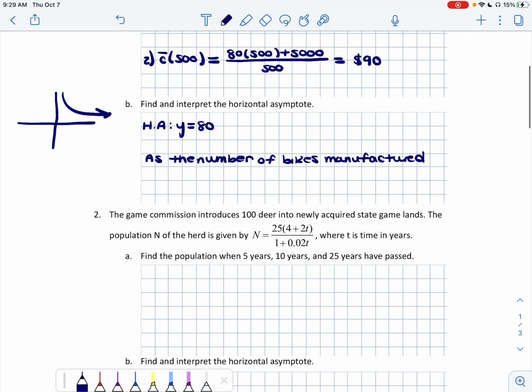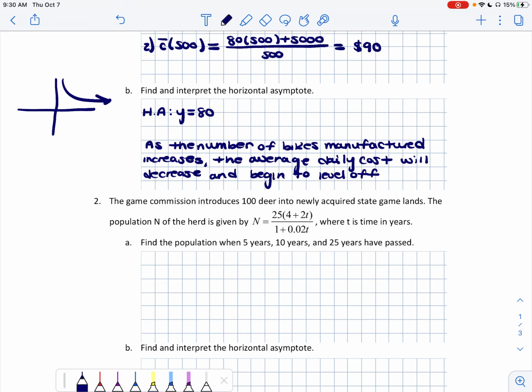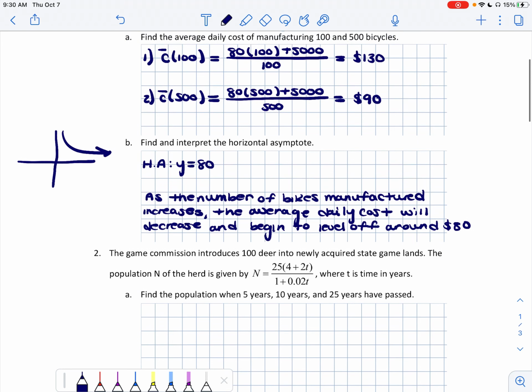So I'll just say as the number of bikes manufactured increases or gets really big, you could say, the average daily cost will decrease and begin to level off around $80.